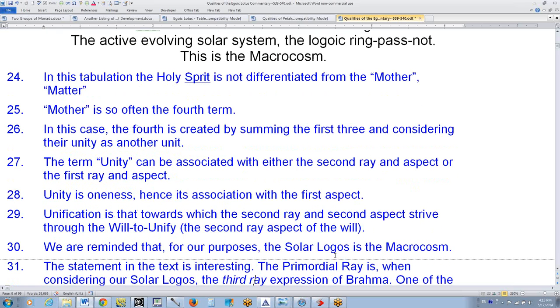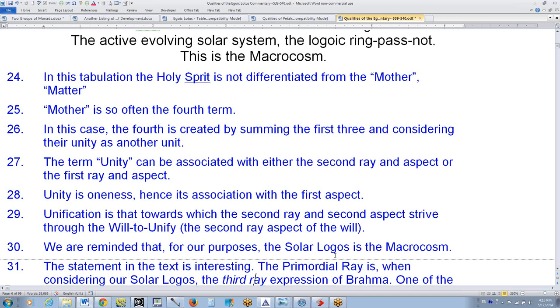And the term unity, we have seen, is oftentimes associated with the second ray when synthesis is applied to the first. But sometimes unity seems to be applied also to the first ray aspect.